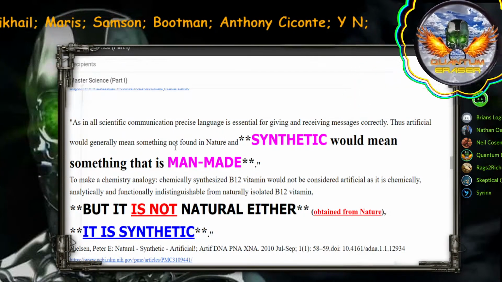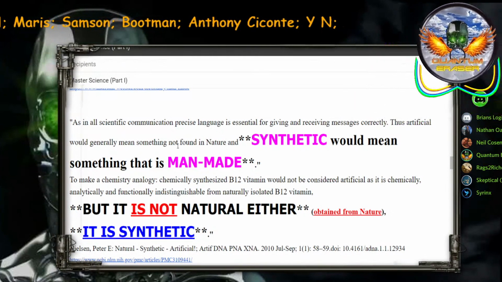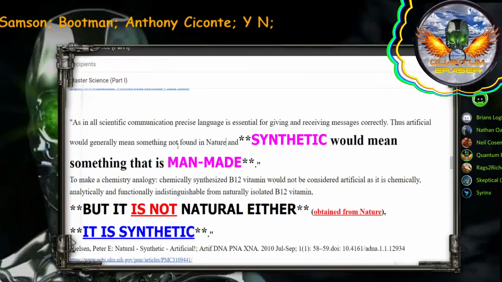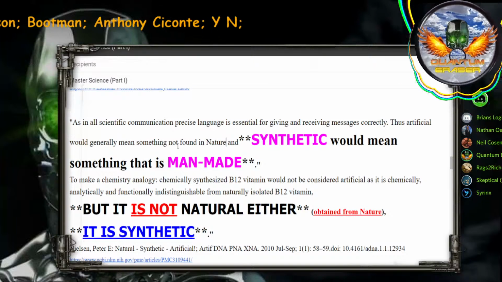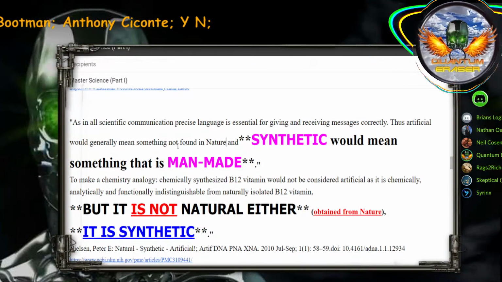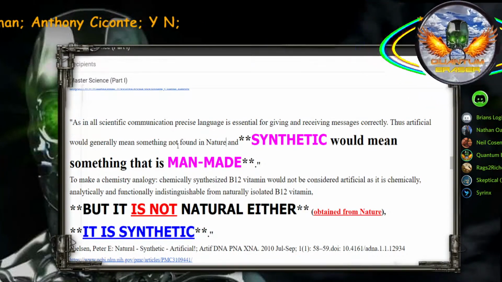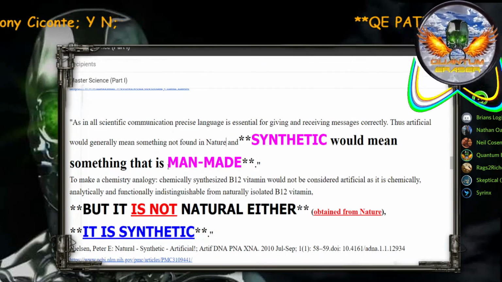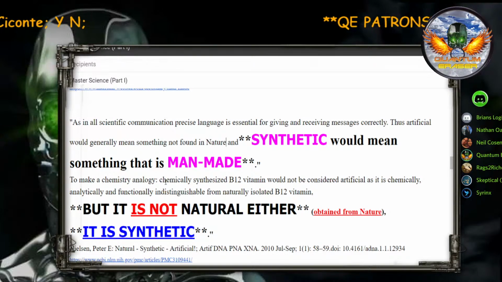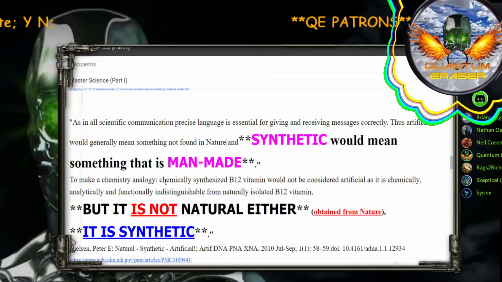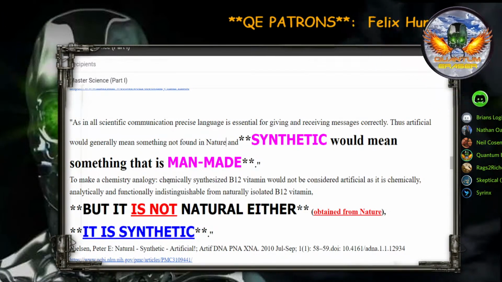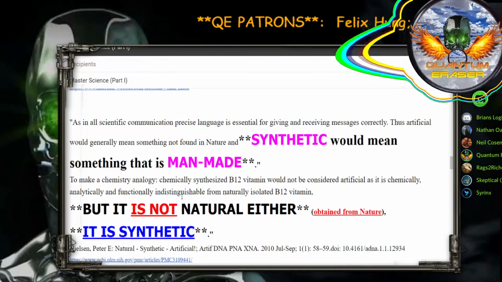To make a chemistry analogy, chemically synthesized B12 vitamin would not be considered artificial as it is chemically, analytically, and functionally indistinguishable from naturally isolated B12 vitamin. Here's the really important part. But it is not natural either, that is obtained from nature. It is synthetic.